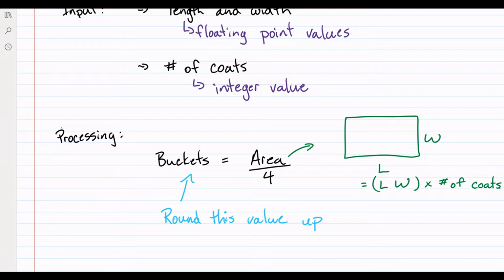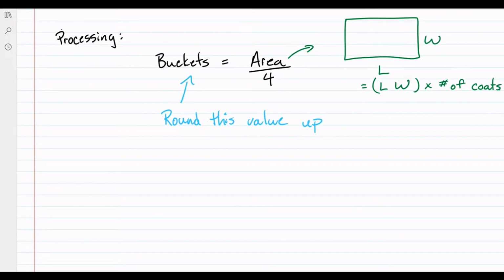Then I also need to deal with the cost, but that's pretty straightforward because we're given the cost of a single can of paint, and that's $17.50. So we would have a subtotal before tax equal to the number of cans times $17.50.